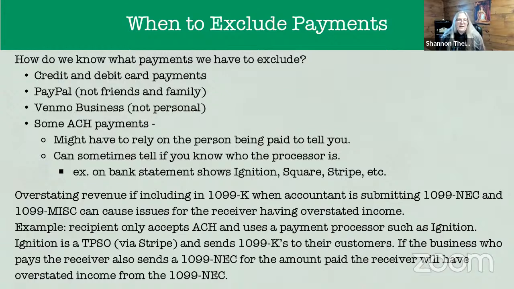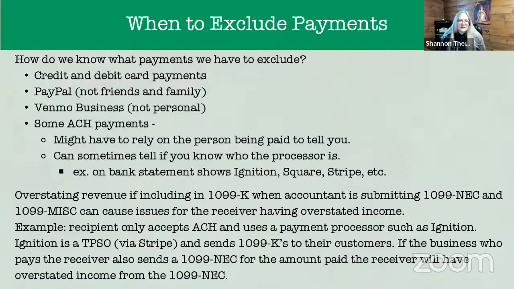Then some ACH payments. And this is where you're really going to have to rely on the person that you're paying to know what their processor is going to do. I use Ignition, and Ignition sends me a 1099K for all of my ACH transactions.